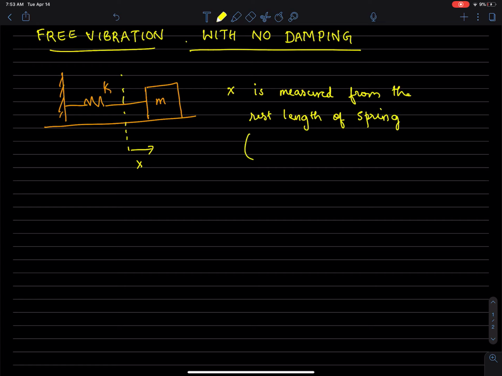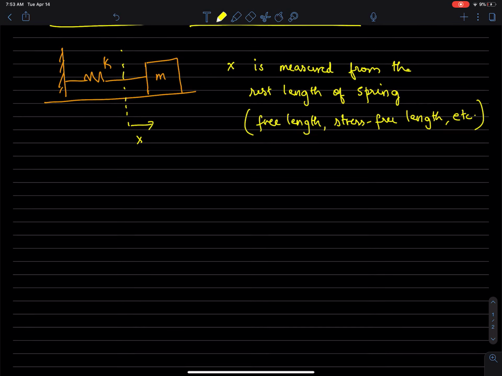It's also called the force-free length or stress-free length. So that's what we're measuring X from.